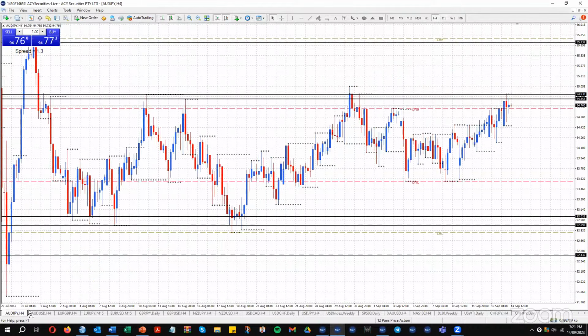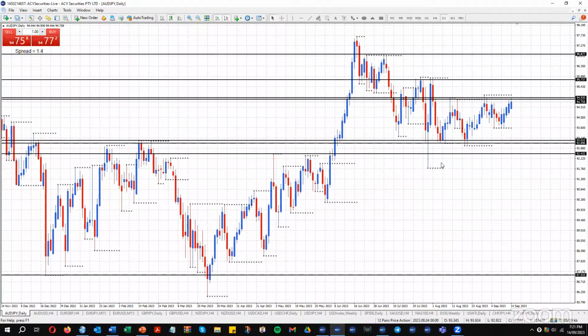All right, let's get into Aussie yen. Now, Aussie yen's just again patience. I've been saying for a fortnight now or more, this is in a range, and the top of my range is there. We traded into it today after the unemployment figures from the Aussie, 94.85 up to 94.93.